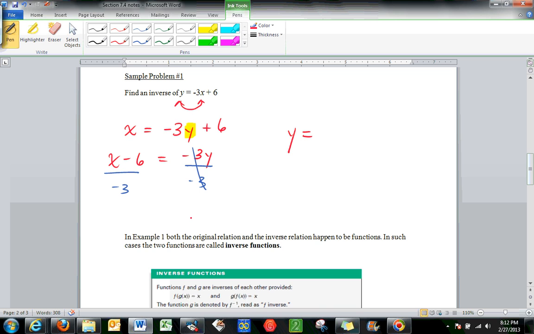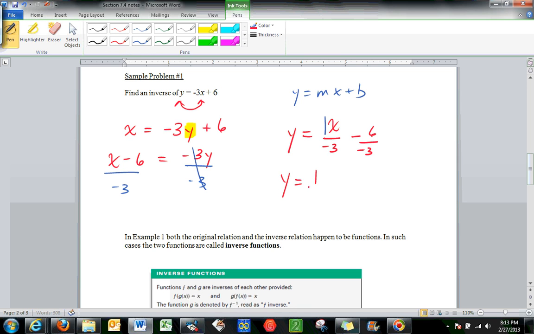And then of course I can split this x minus 6 over -3 into two separate denominators, two separate fractions, similar to what we did with complex numbers. So I'm going to say x over -3 minus 6 over -3. And then of course, if I want to rewrite this appropriately, this is an understood 1, so we want to get this in y equals mx plus b form like it was in the original part.